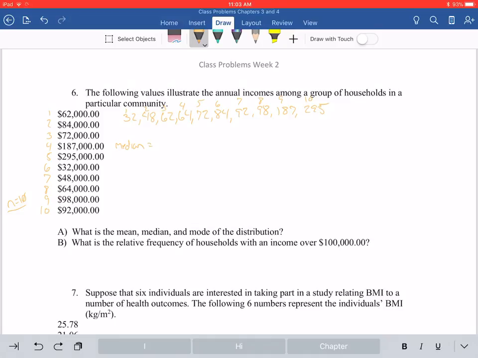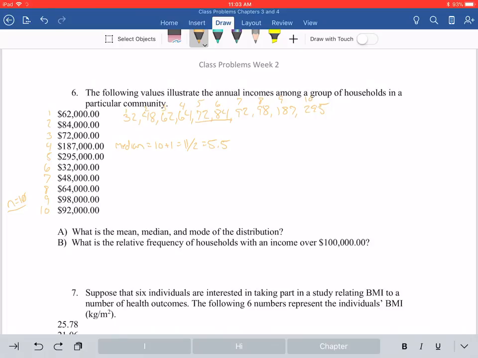So n is 10 plus 1 equals 11, divided by 2 equals 5.5. That's where we find the median, right? Because it's not an odd number, our median is going to fall in between certain values, in between the 5th and 6th numbers. The way we find our median is we add up these 2 digits.